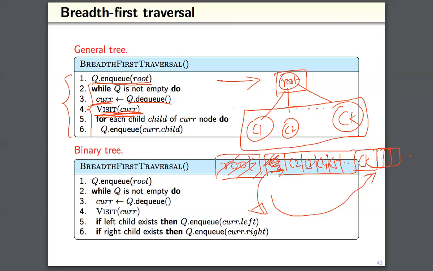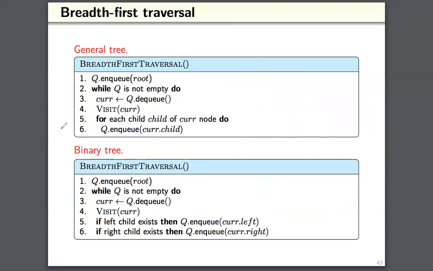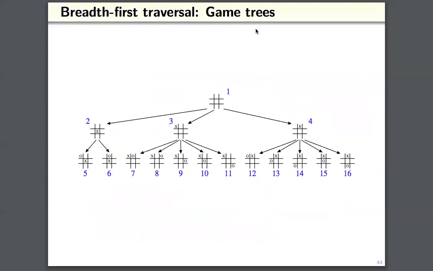Similarly, then delete C2, visit C2, add all the child nodes of C2. Delete C3, visit C3, add all child nodes of C3. So on, keep repeating this until the queue is empty. So let's take one example here.